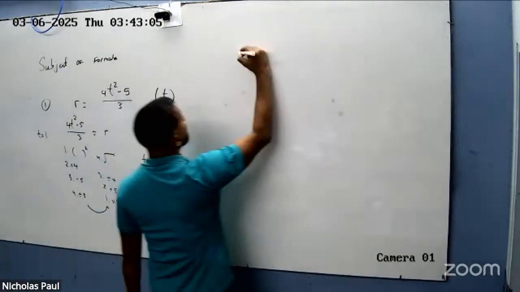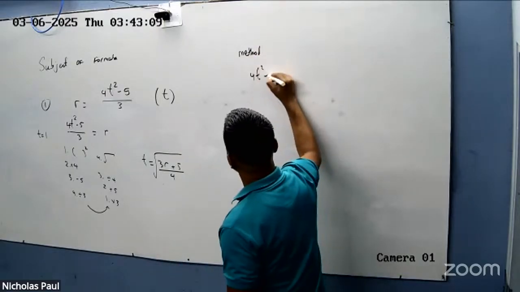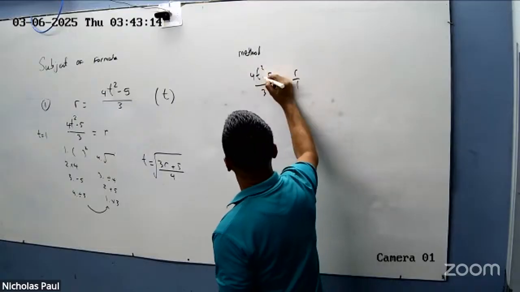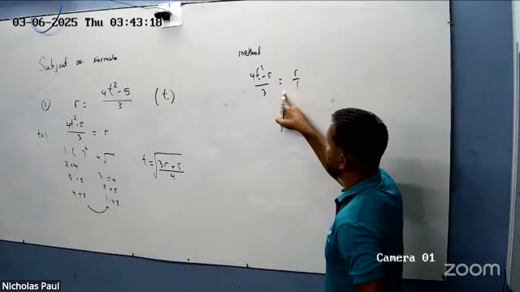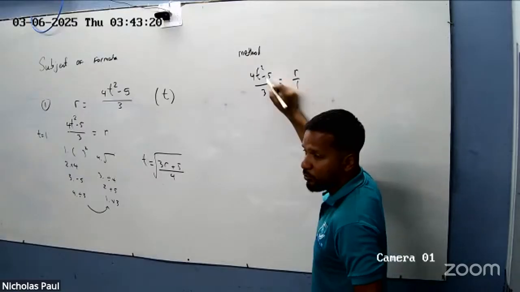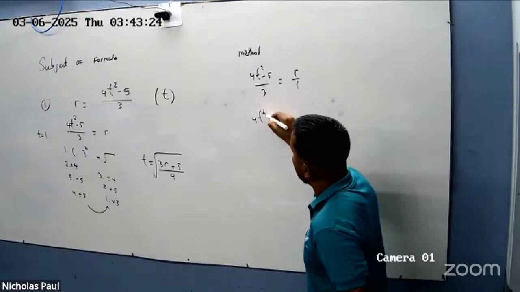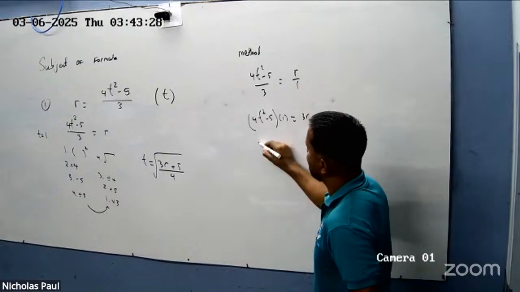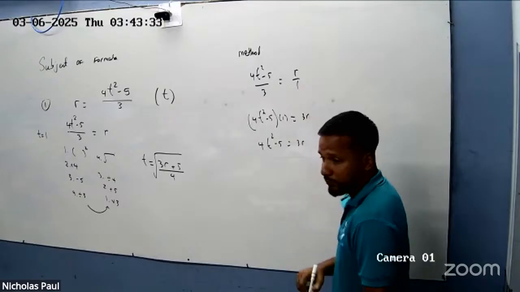Method 2, as I said, is that we turn it into 2 fractions with an equal sign. Obviously, with 2 fractions equal sign, you can cross multiply. So you'll get 4t squared minus 5 by 1, 3 by r. So you have 4t squared minus 5 equals 3r.